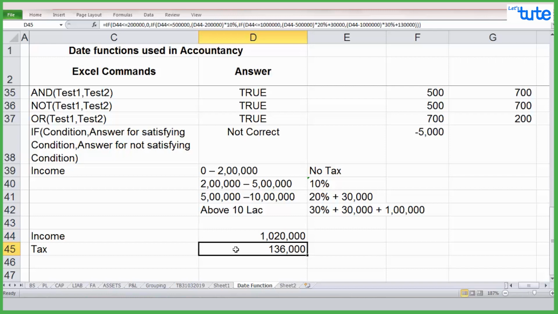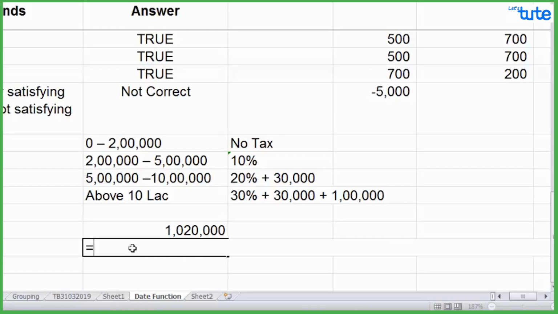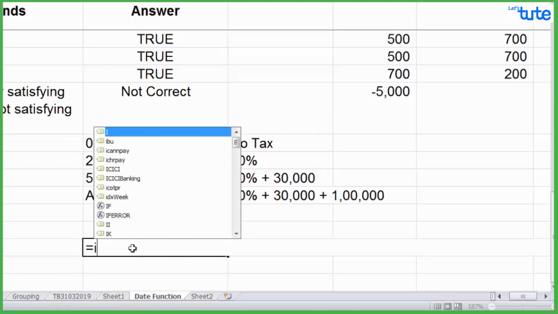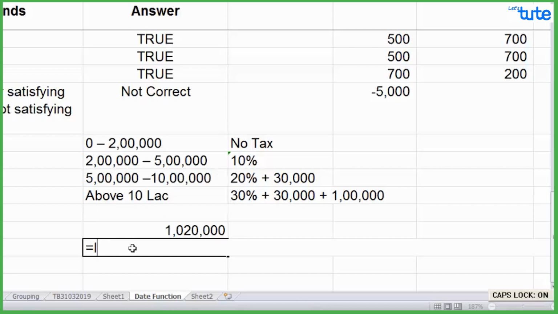Okay. Let us do the command practice. Equal to IF, bracket open, D24 less than or equal to 2 lakh, comma, then my tax will be 0.